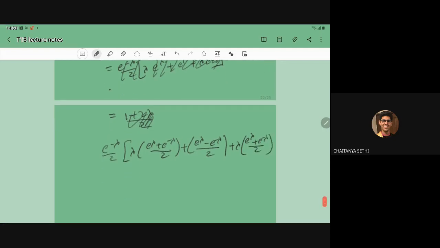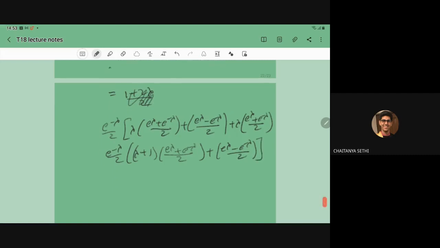So this summation will come, right? So here we have e to power minus lambda by 2 and lambda plus 1 into e to power lambda plus e to power minus lambda by 2 plus e to power lambda minus e to power minus lambda by 2. This will come. So this is your expectation.